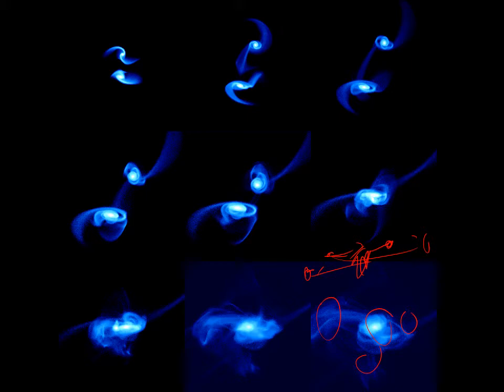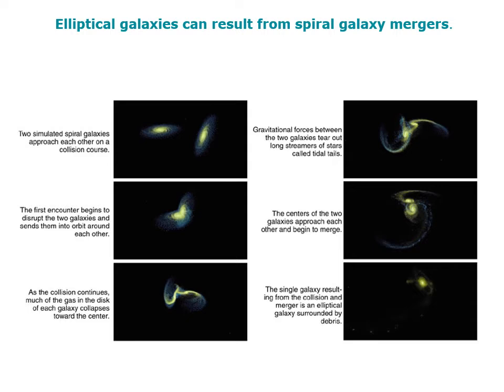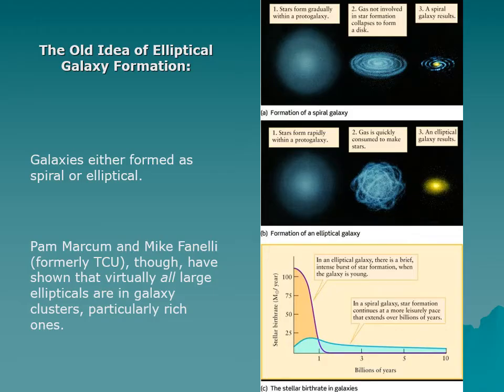And so elliptical galaxies could potentially be formed from these galaxy collisions. And this is something that's really interesting: computer simulations show that sometimes when these galaxies collide, you strip all this interstellar medium away, and then all you have are stars, and so you end up with an elliptical galaxy.